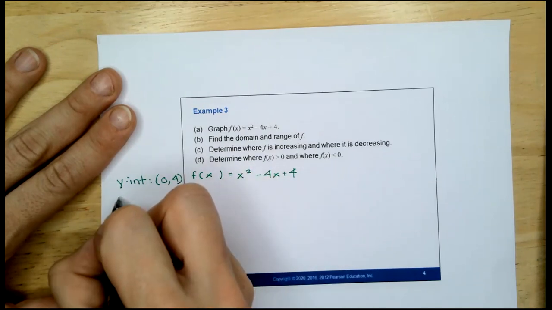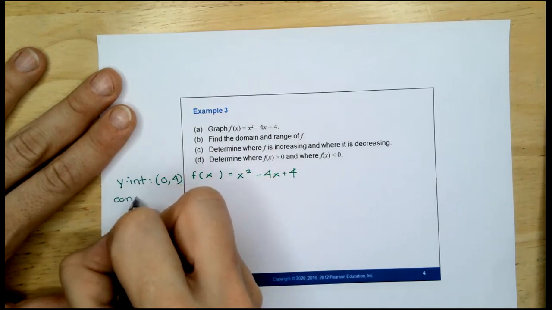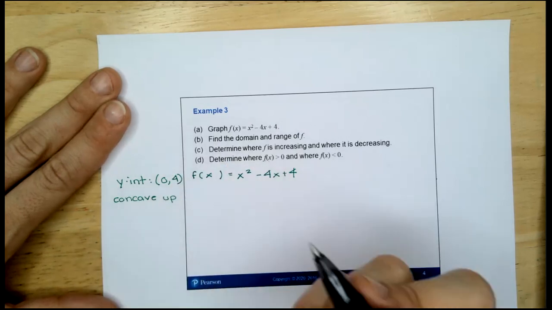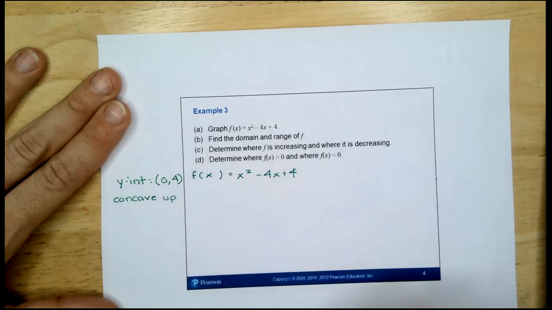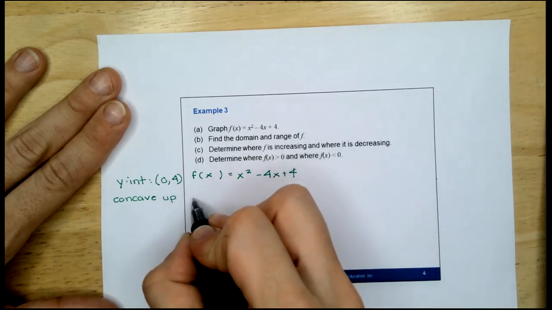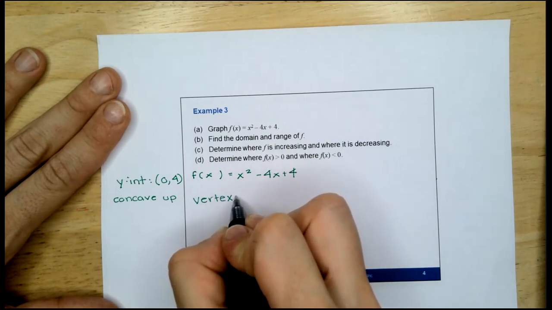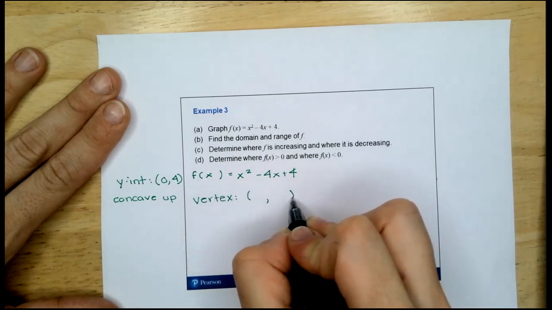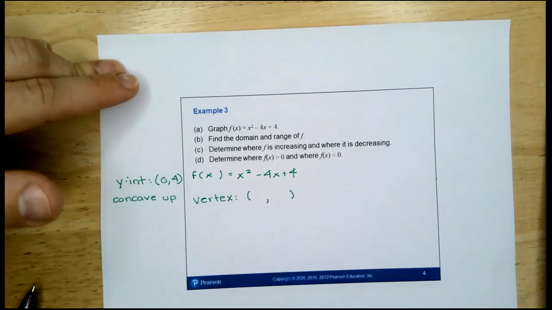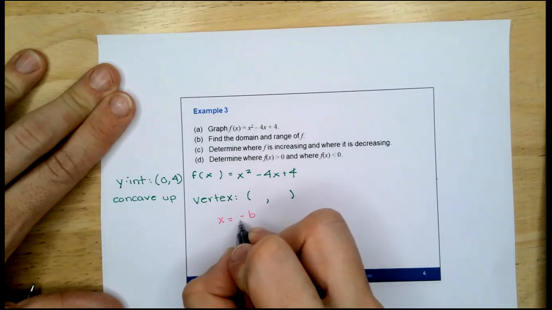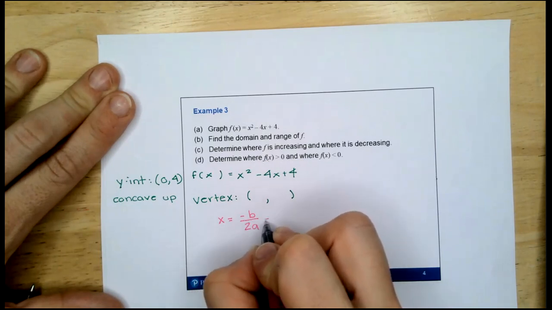We know that it's concave up. And let's find the vertex. My vertex is going to have an x and a y value. The x is going to be negative b over 2a.